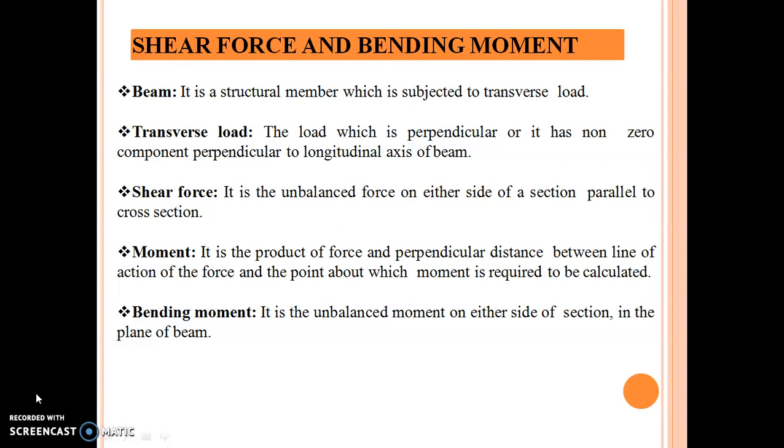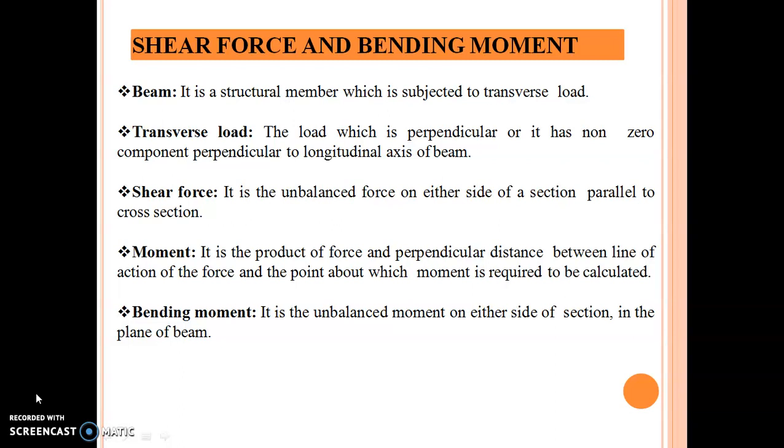Because these stresses and strains develop in a mechanical member due to the application of external forces, and it is necessary to identify the amount of stress or strain induced in the component, which is done with the help of the shear force and bending moment diagram.